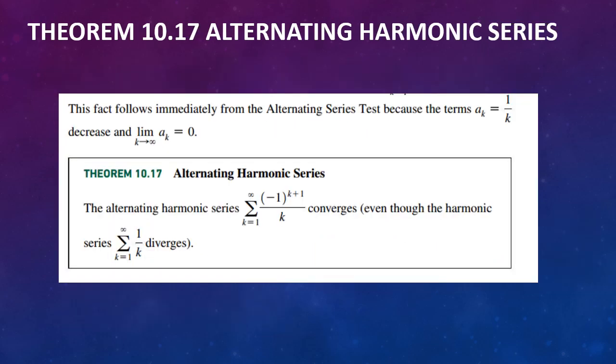Using what we just saw from the last proof, the fact follows immediately from the alternating series test, because the a sub k equals 1 over k decreases, and the limit as k goes to infinity of a sub k equals 0. Therefore, we have theorem 10.17, the alternating harmonic series. The alternating harmonic series converges even though the harmonic series made up of just positive members diverges.